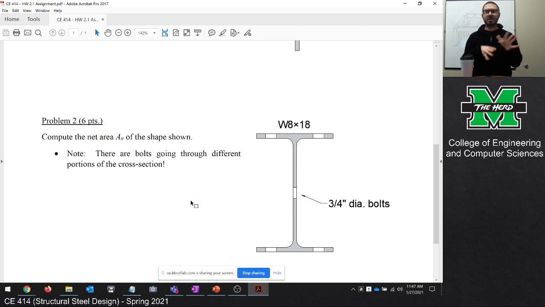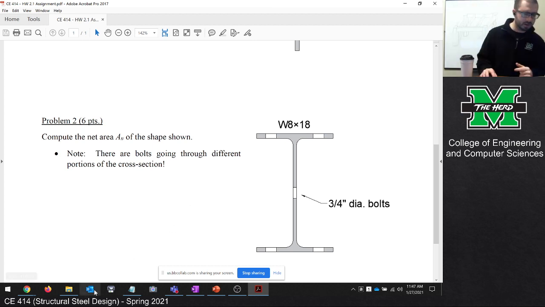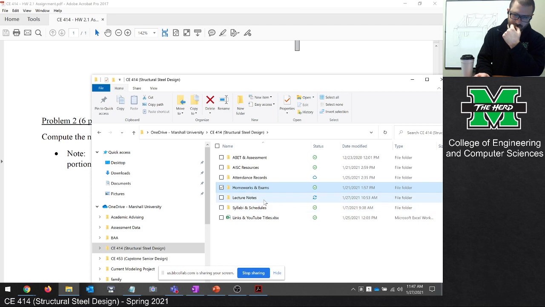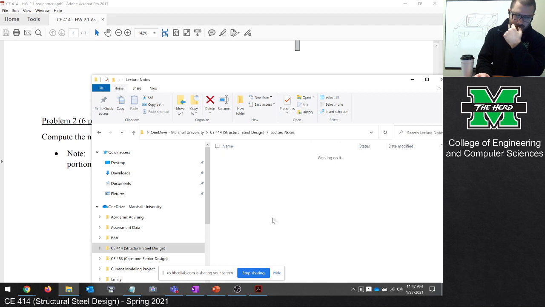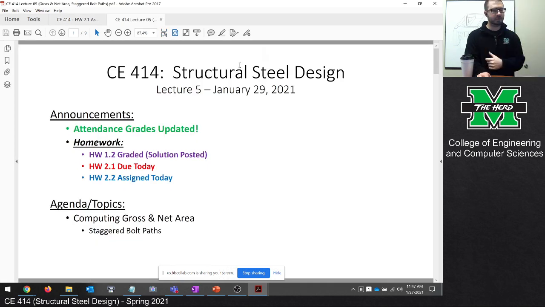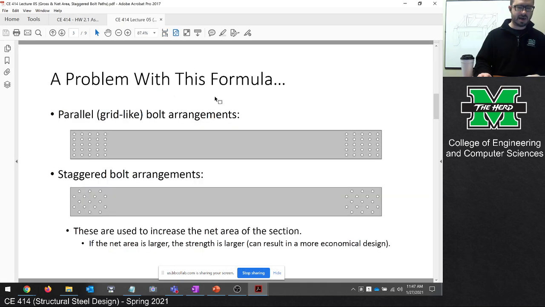All right. I do want to show you one wrinkle that we're going to deal with on Friday. So this is a problem we're going to have to deal with on Friday, and that's this. Okay, so let me zoom in a bit.